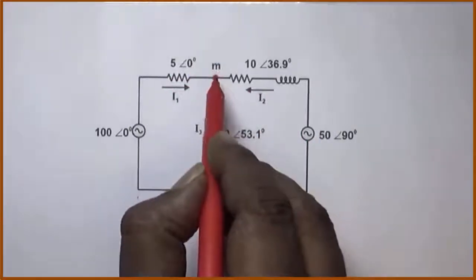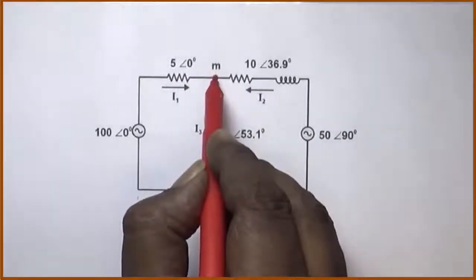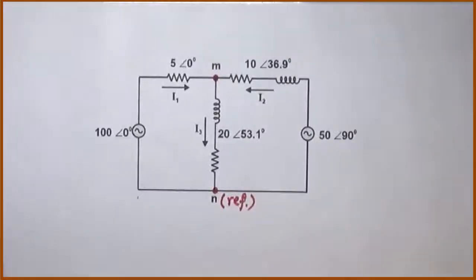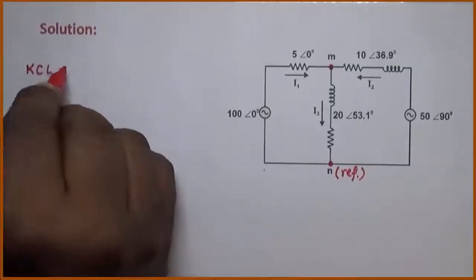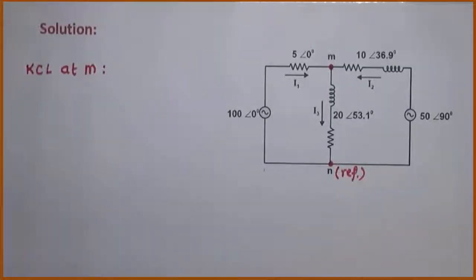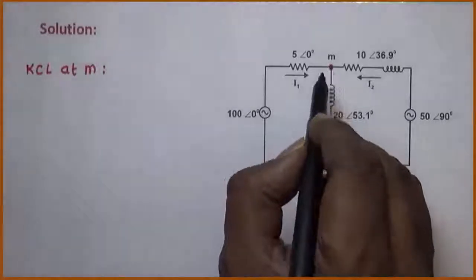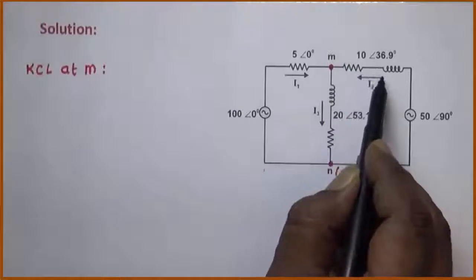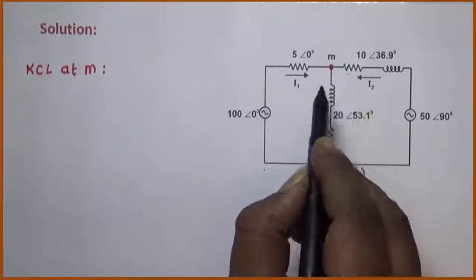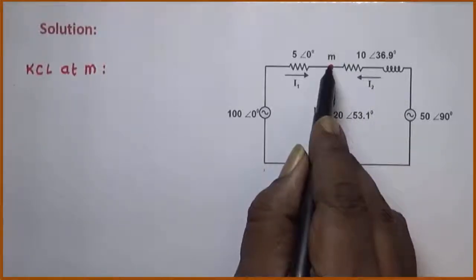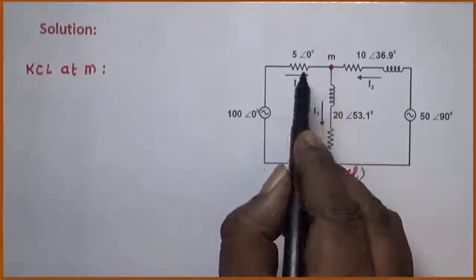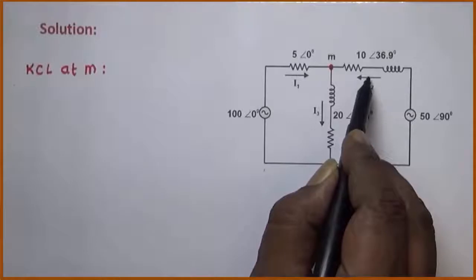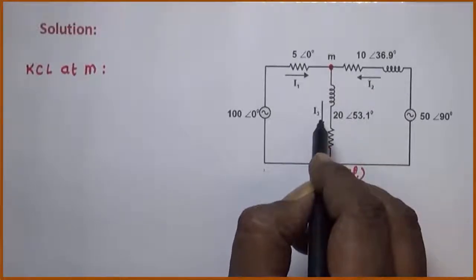Now let us apply KCL at node M. At point M, we find that I1 is the incoming current, I2 is also incoming current, but current I3 is leaving node M. So, the total incoming current at M is I1 plus I2 and the total outgoing current is I3.